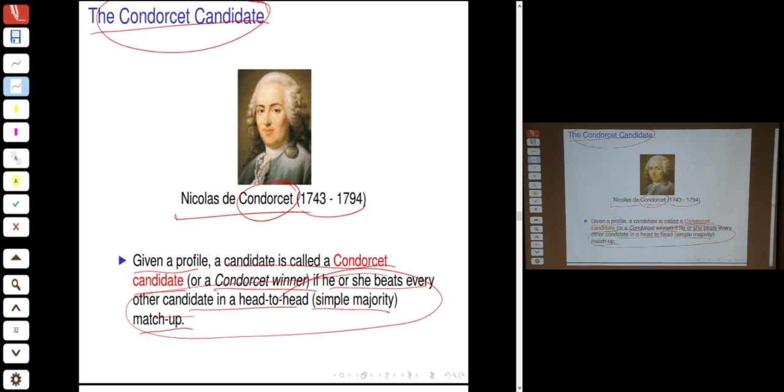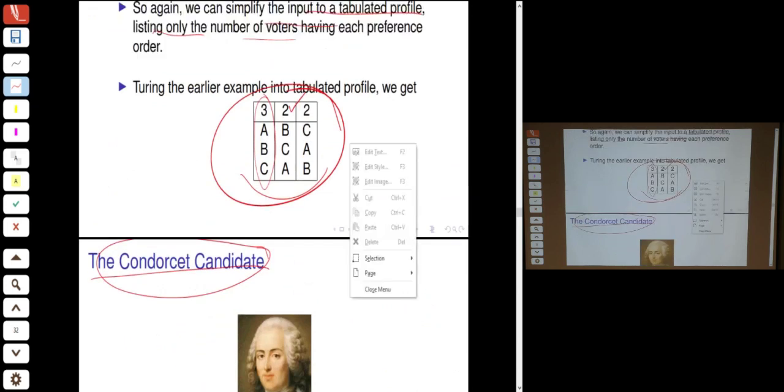So, for example, we will see who is the Condorcet winner here, but suppose, for example, A were to be declared the Condorcet winner in this case.